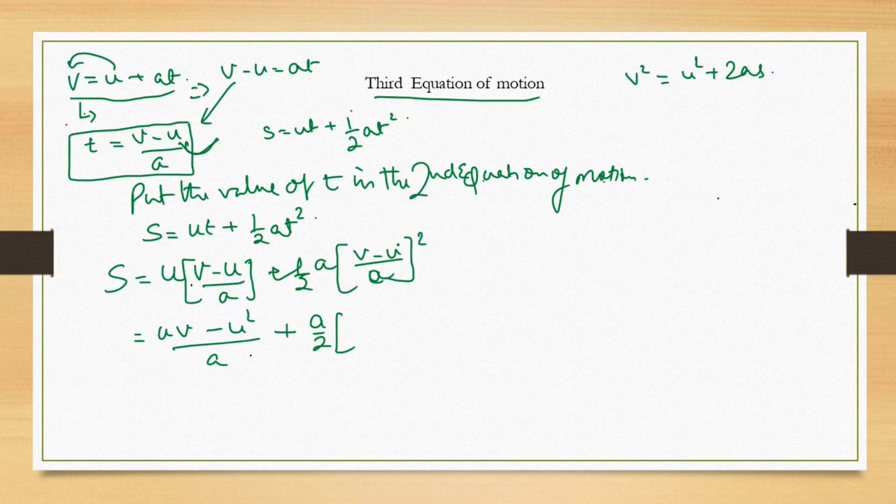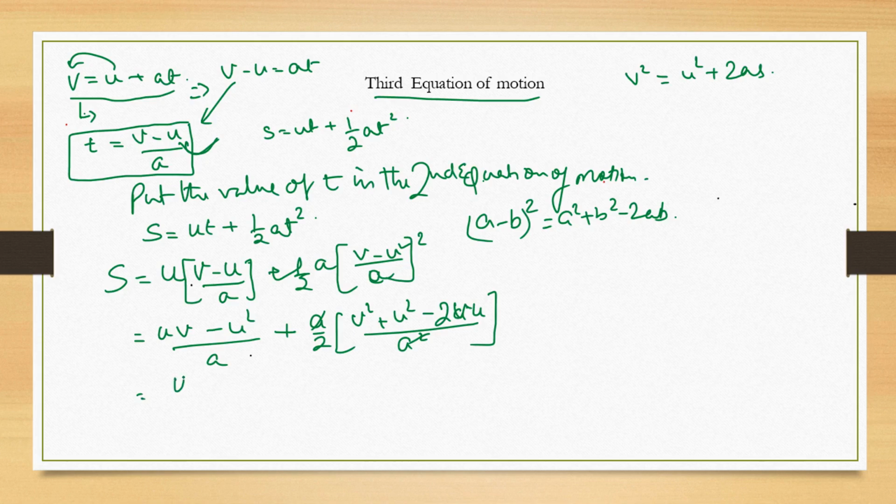So when we rearrange it, you will get uv minus u square divided by a, plus a by 2. आप इसके अंदर फॉर्मूला लगाओगे (a minus b) whole square, which is a square plus b square minus 2ab. So we get v square plus u square minus twice of vu divided by a square. This a will be cancelled out by this, and in the denominator we get a.